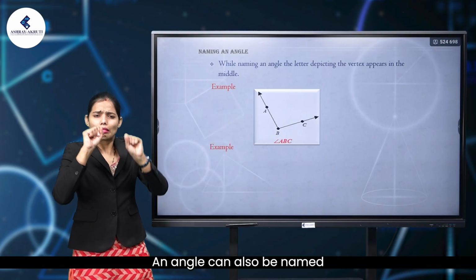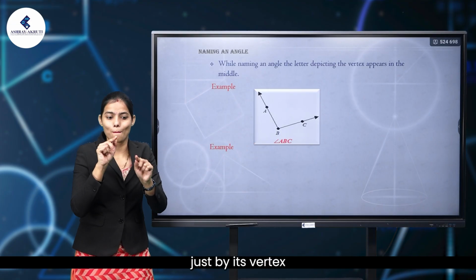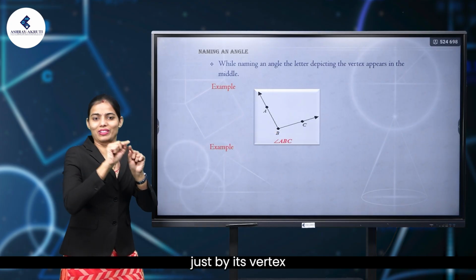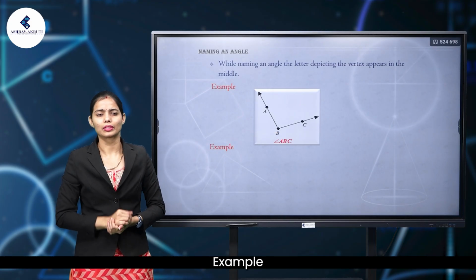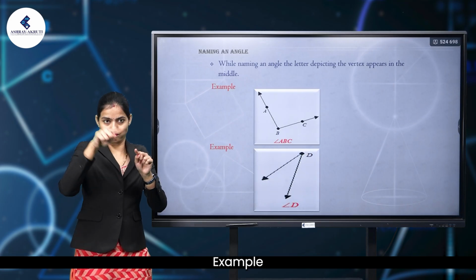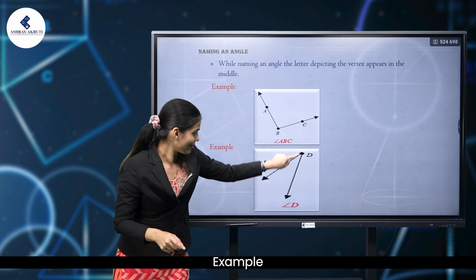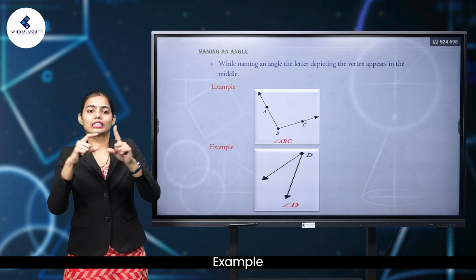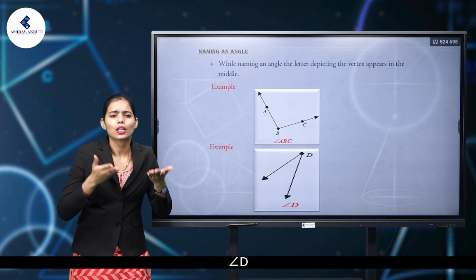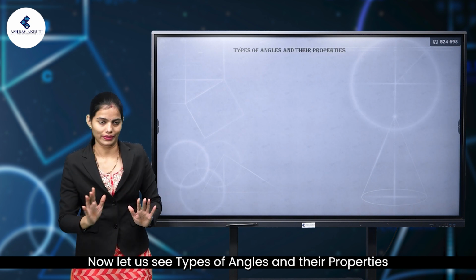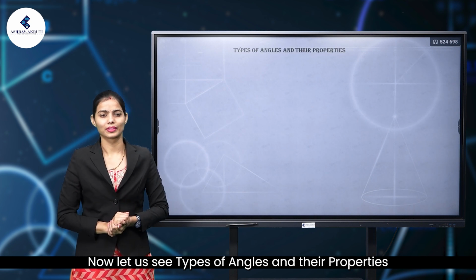An angle can also be named just by its vertex. Example. Angle D.